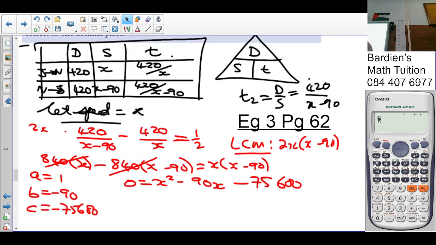Into your quadratic formula is minus B, so it's negative 90, so it's 90 plus the square root of 90 squared minus 4 times A, which is 1, times C, which is negative 75,600. And that is over 2 times A, which is 1. Gives you an answer of 323,61.